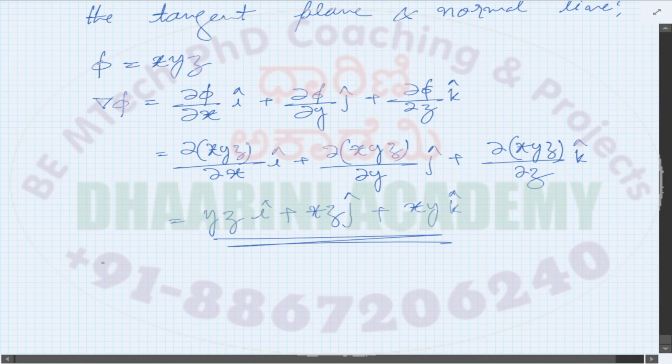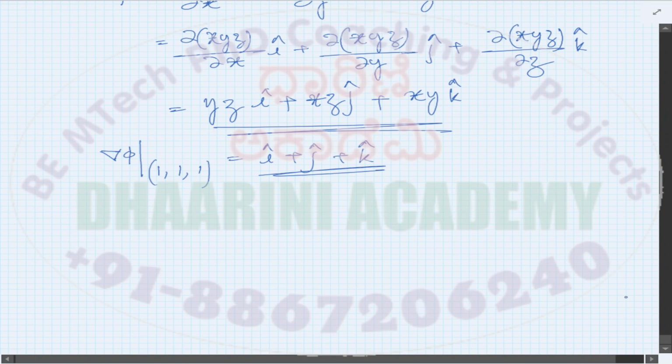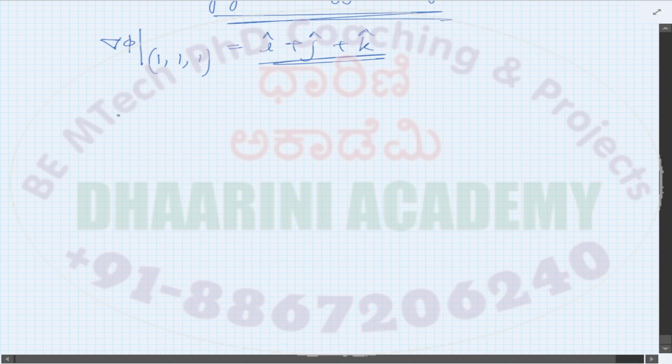Right? So now the next step is to calculate the del phi at a given point, that is 1 comma 1 comma 1. So everything is 1 here, so 1 into 1 is 1, i cap plus j cap plus k cap. Okay, so now we can see that there is a surface given, so let's denote that as psi, that is equal to the given surface x into y square plus y into z square plus z into x square.